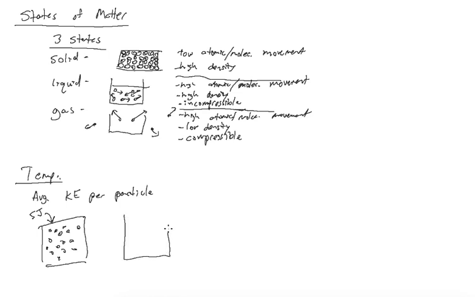Whereas if I came to another box and gave it 5 joules of energy, and it only had 3 particles in it, then the 5 joules would split between the 3 particles, and the delta T here would be greater than the delta T over here. This will be for the 15, and this is for the 3. Considering everything else the same, that would be the case. This would have a bigger temperature change because each one of these would get more of that energy. So this is the average kinetic energy per particle, and for this class, this is sufficient.